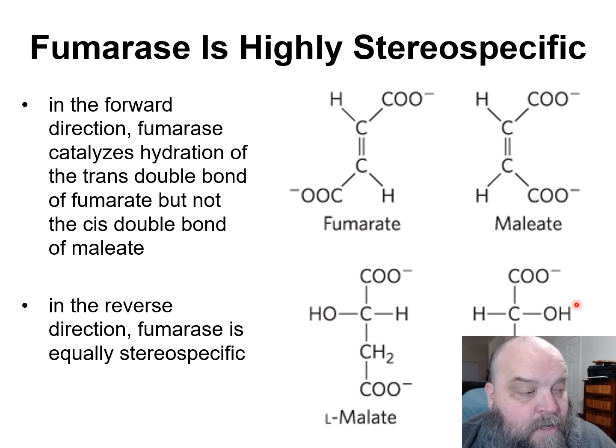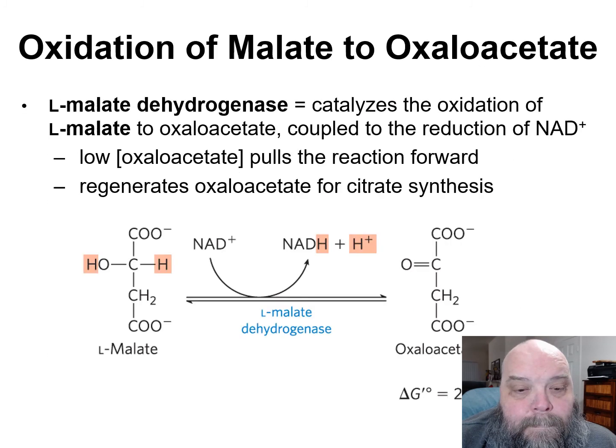Pointing to the left, L. Pointing to the right, D. It does make a difference, because only L-malate can be turned into our final oxaloacetate. L-malate dehydrogenase removes those 2 hydrogens.